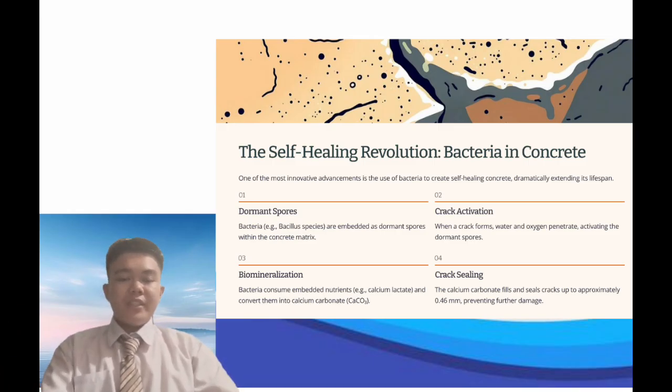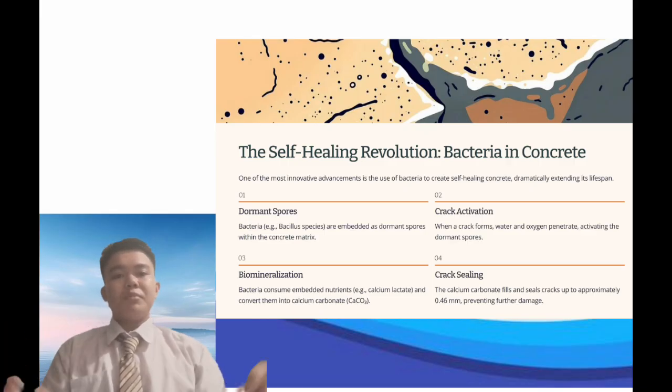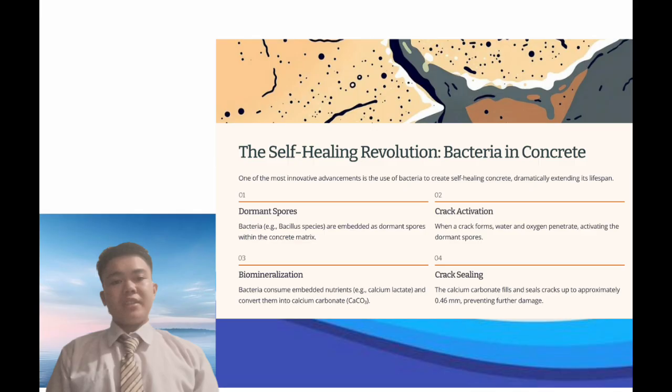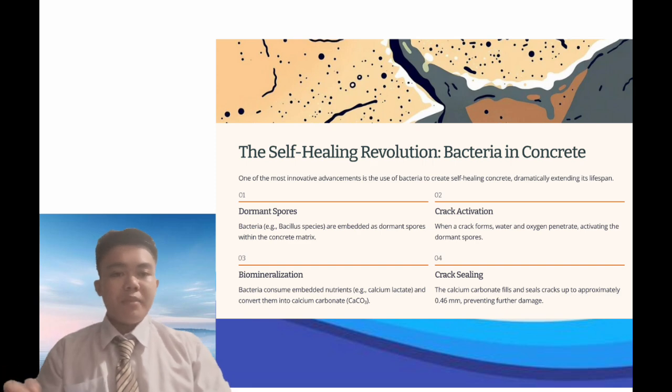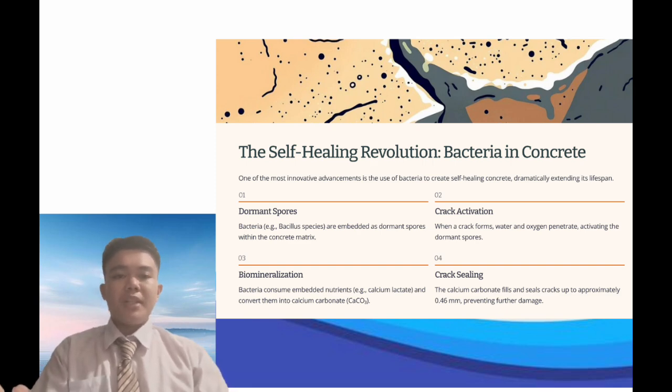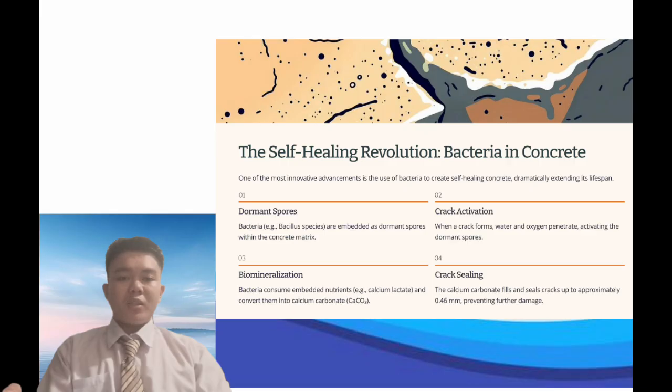In bacterial self-healing concrete, bacteria are added in spore form, allowing them to remain dormant inside the matrix until water enters through developing cracks. Once activated, these spores germinate in the presence of moisture and oxygen, consuming embedded nutrients such as calcium lactate and converting them into calcium carbonate, which fills and seals cracks up to about 0.46 millimeters wide.